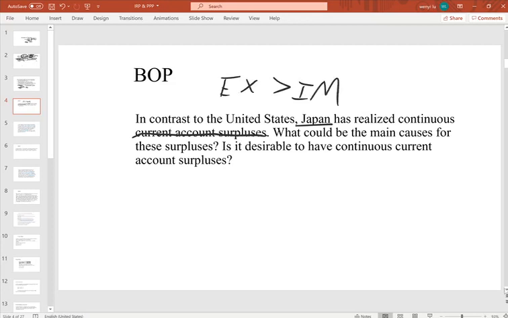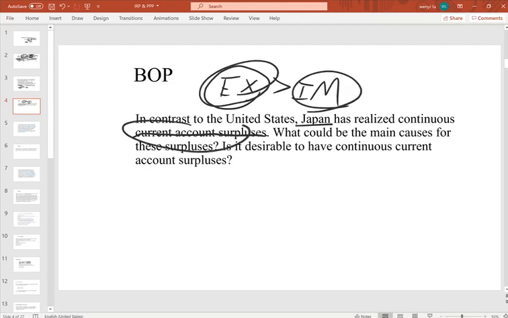For example, Japan exports Toyota to the US. They also export computers, laptops, cameras, and video games to foreign countries. So they have exports more than imports; they have a current account surplus.